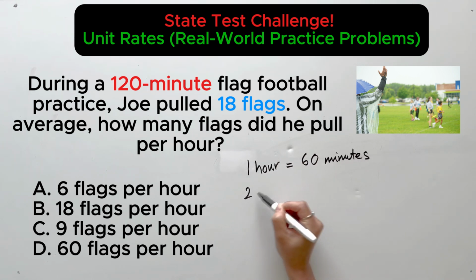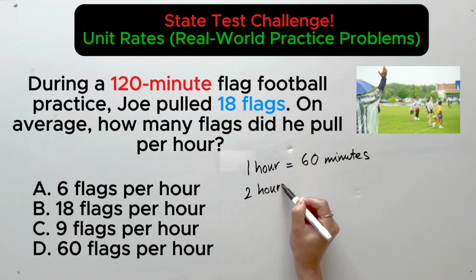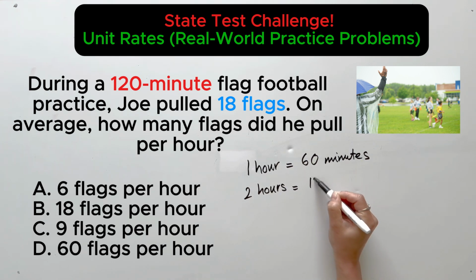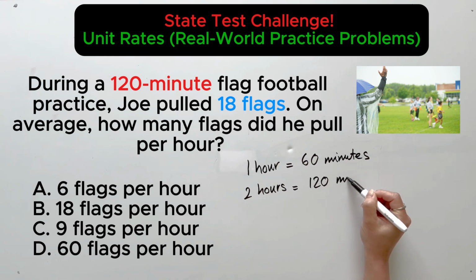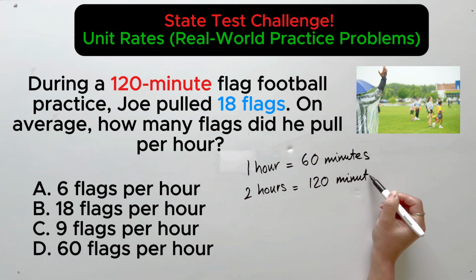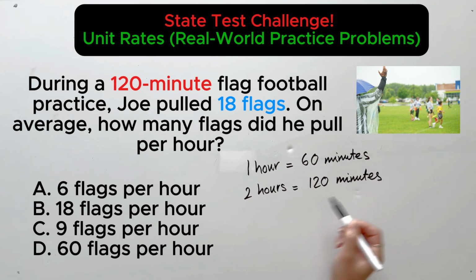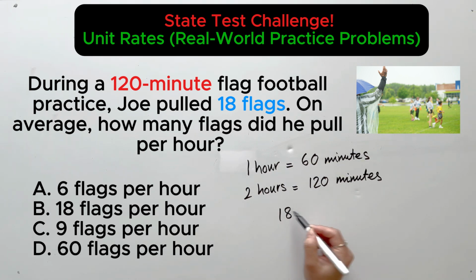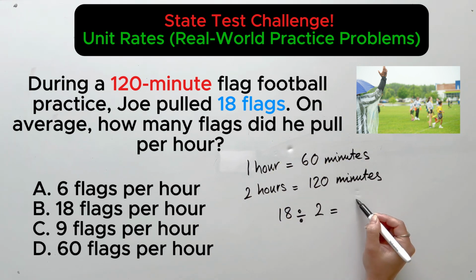So 2 hours means you take 2 times 60, which is 120. So we know 120 minutes is equal to 2 hours. And we also know 18 flags. We divide that by 2, which is 9. So our answer is C.